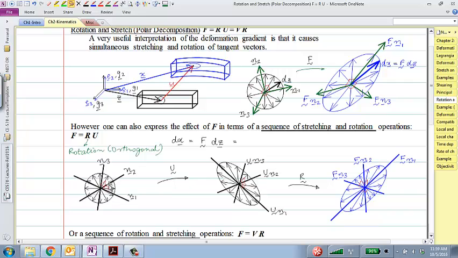All that it does is it takes any set of vectors and just does a rigid body rotation of that. On the other hand, this U is a symmetric deformation tensor.